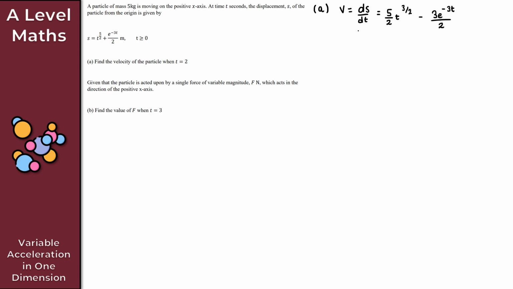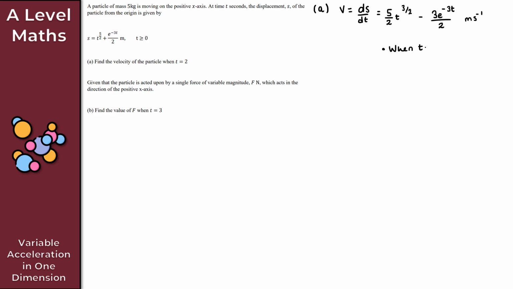And this is the velocity, so my units are meters per second, ms to the minus 1. Now we're not done here because what we want to know is the velocity of the particle when t equals 2. So all we need to do now is substitute t equals 2 into this result.